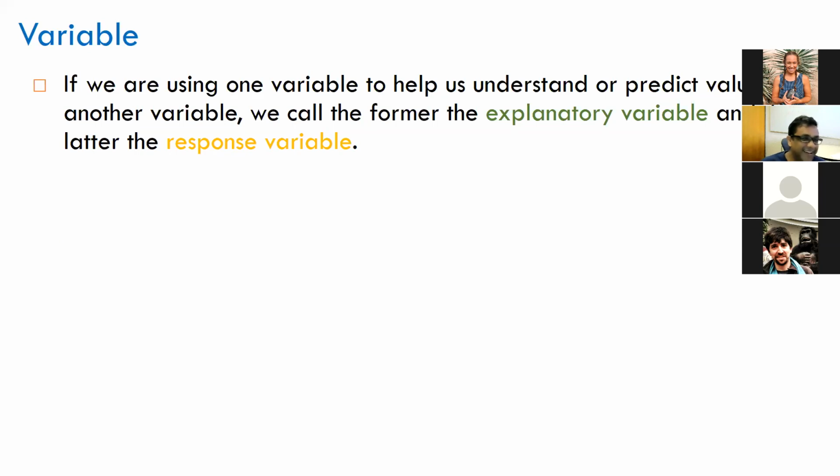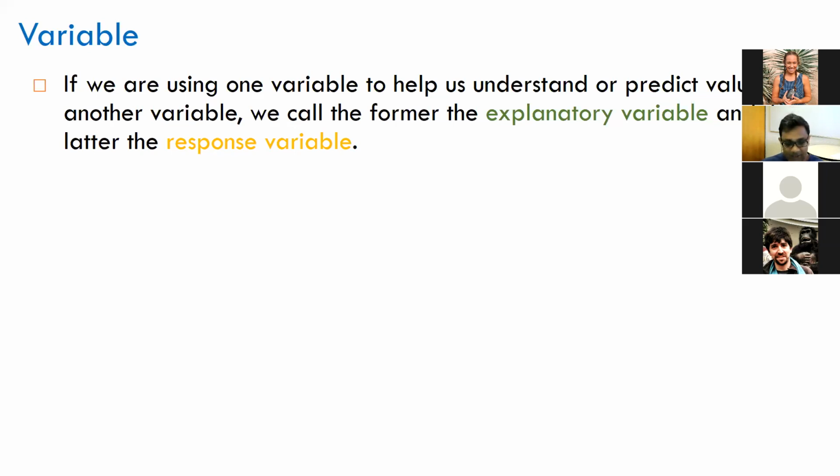Is the response variable the one that we're trying to study, and an explanatory variable is any other variable that we're not trying to study, but it can influence your response variable? Yeah, thanks, Henry. Thank you so much for unmuting and explaining that. Basically the explanatory and response variables are 2 variables that you are using.